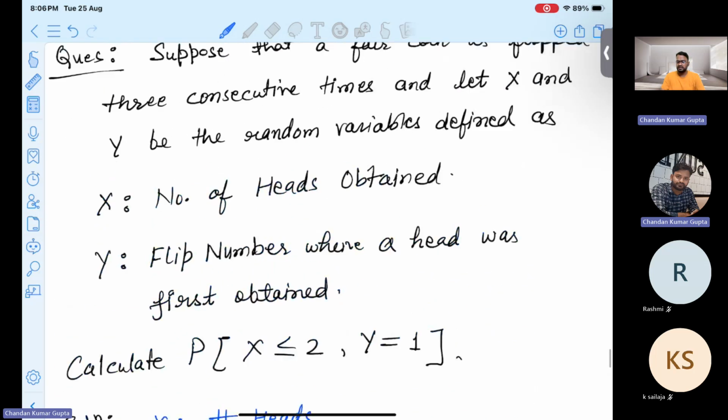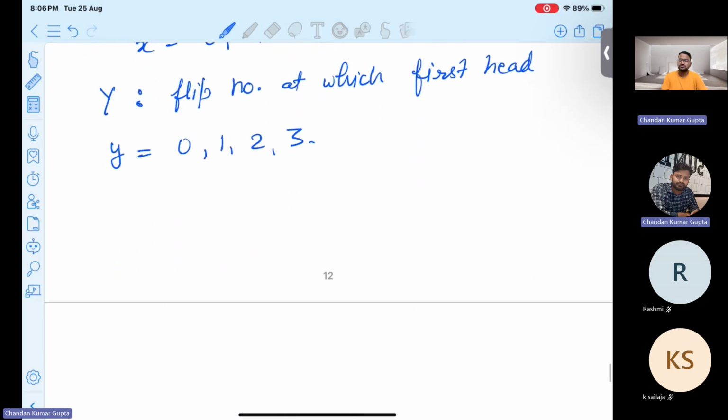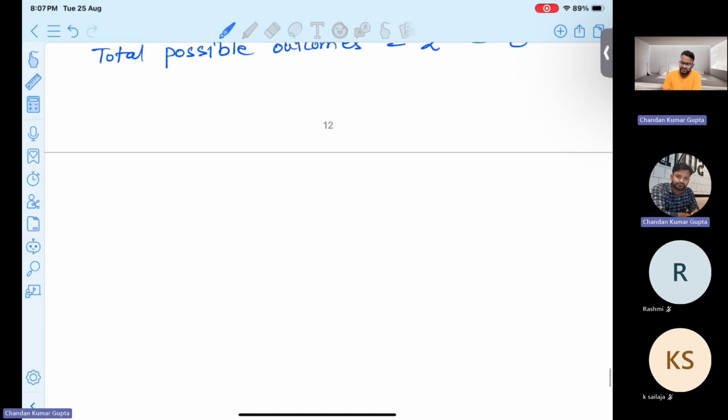Since we perform the coin tossing experiment and it is repeated 3 times, the total number of possible outcomes is 2 to the power 3, which comes out to be 8. Let me write on the next page.